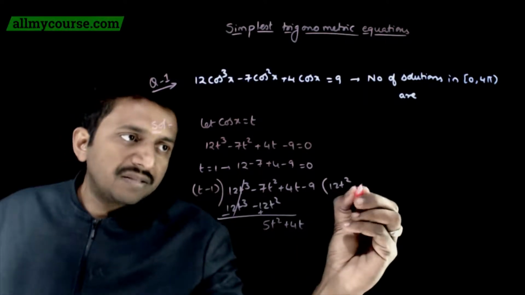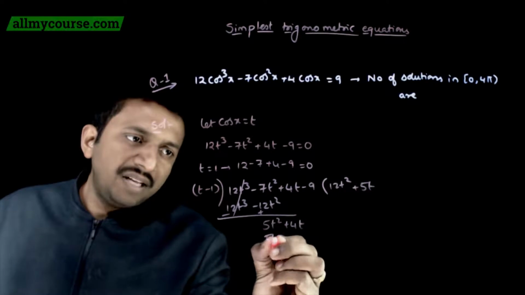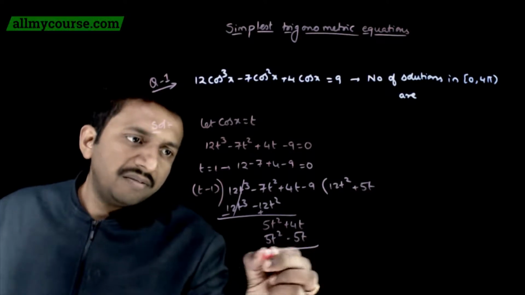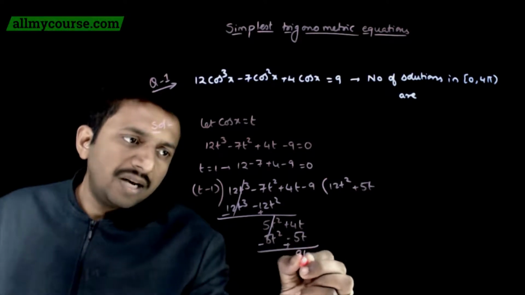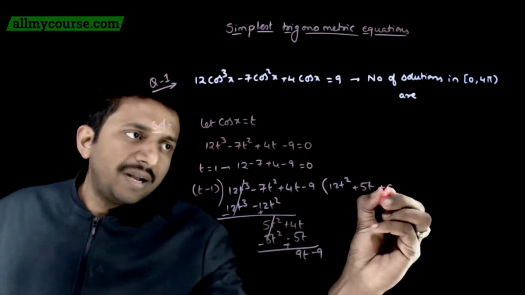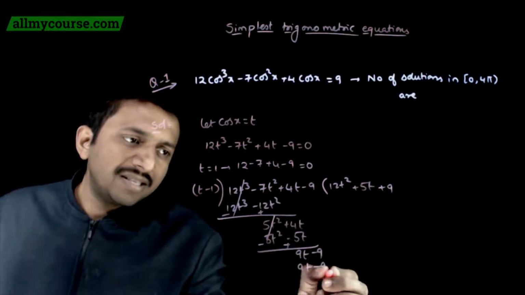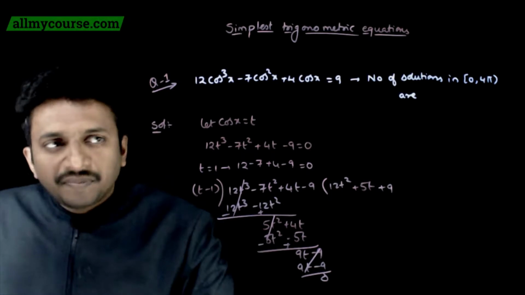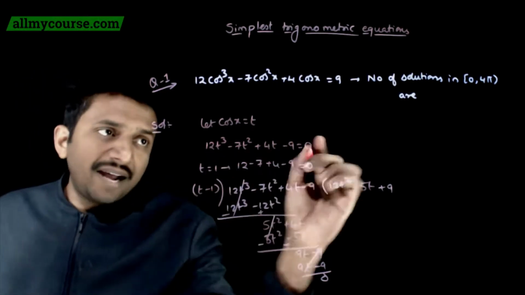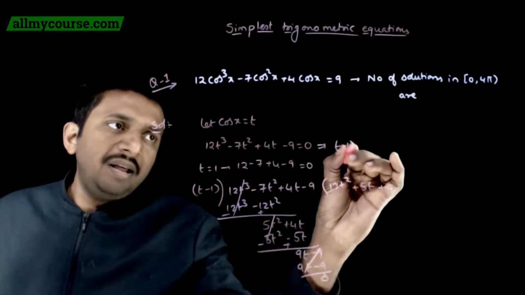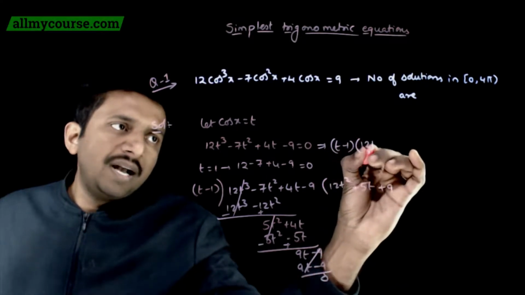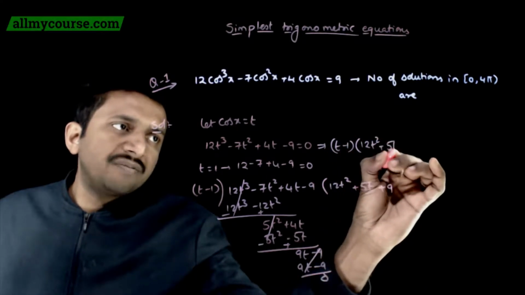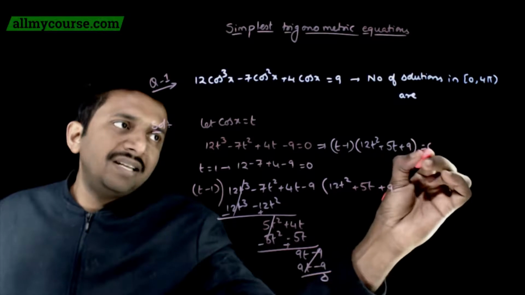So you have plus 5t. So 5t² minus 5t, minus plus. So 9t minus 9, so plus 9 and minus 9. We have 0. That means this can be factorized into (t minus 1)(12t² plus 5t plus 9) is equal to 0.